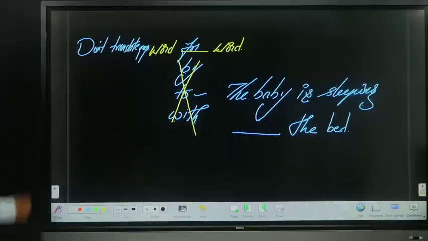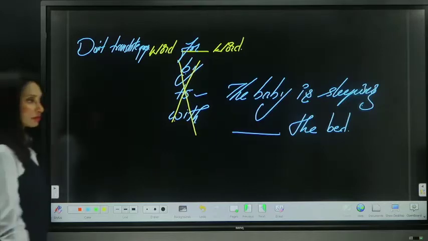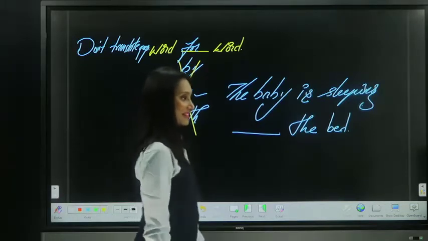Fast. Quick guys. The baby is sleeping dash the bed. Okay. So what about you? Okay, over the bed.